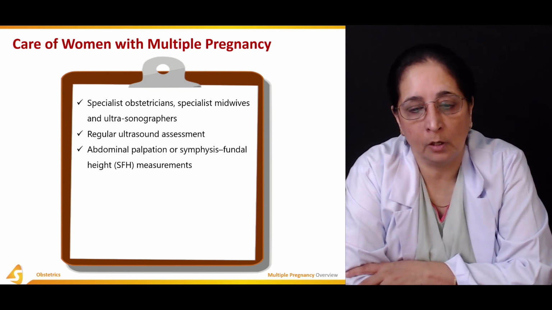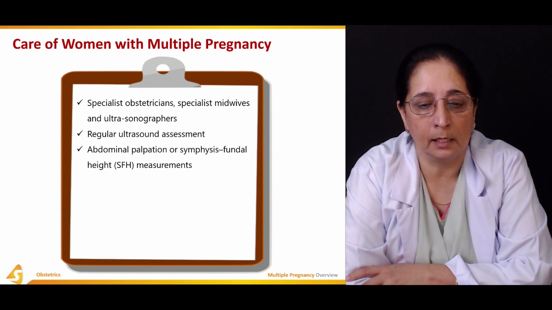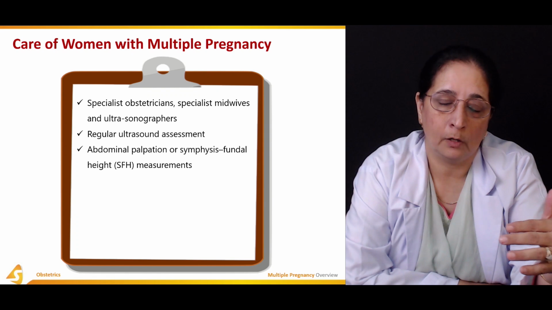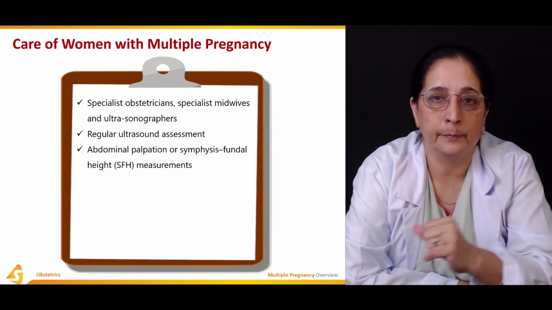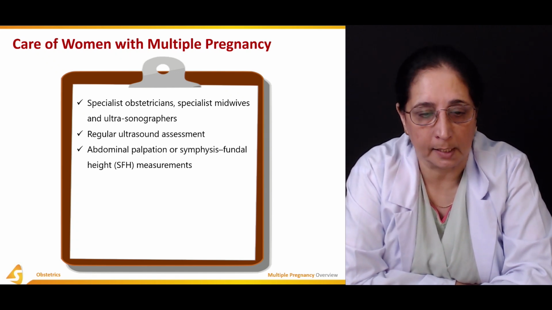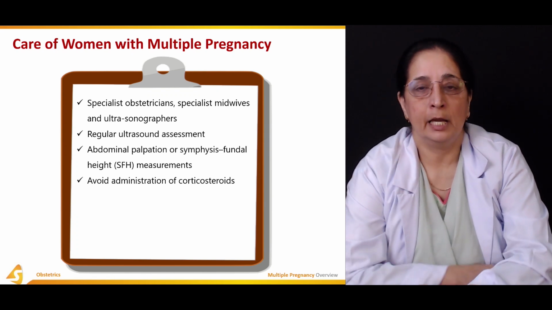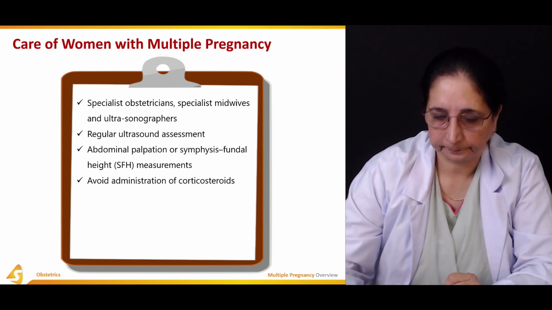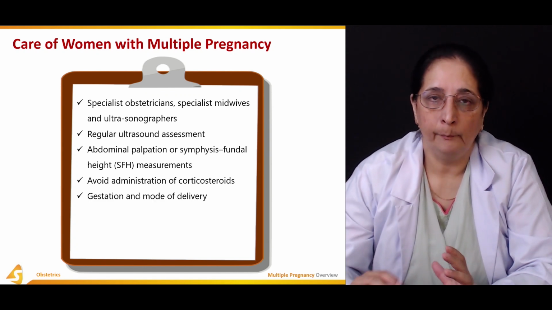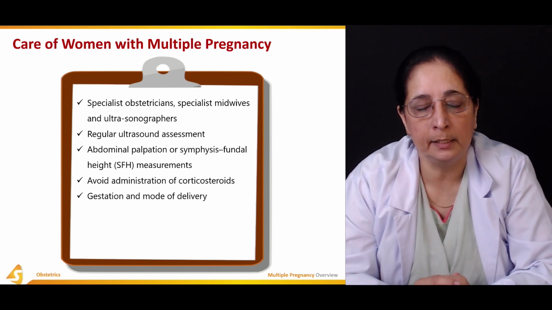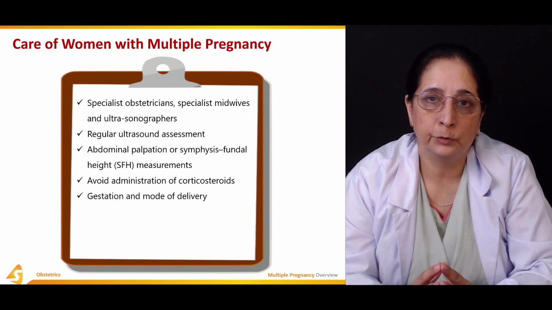Abdominal palpation or symphysis fundal height measurements are important to find out the growth of the fundus, because if the growth is not normal, it means there is some intrauterine problem or growth retardation. The administration of corticosteroids should be avoided. And it's important to decide the mode of delivery for twin pregnancies.